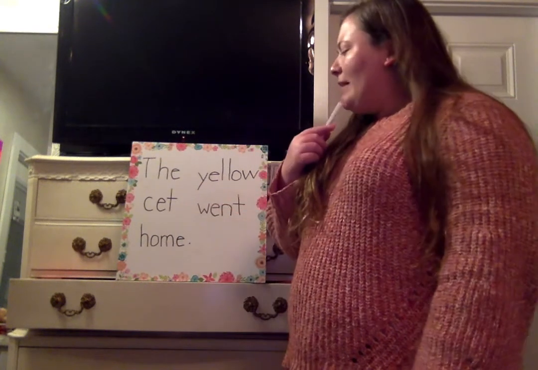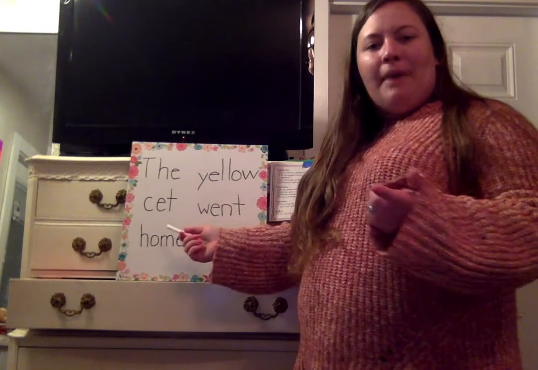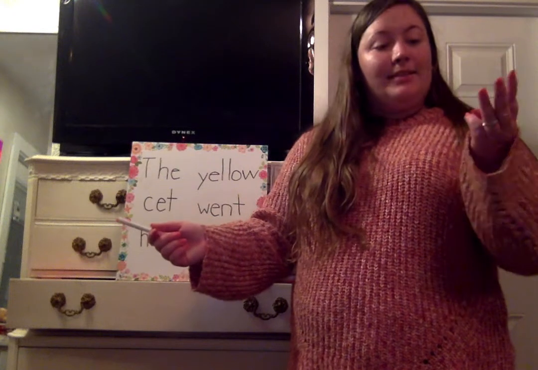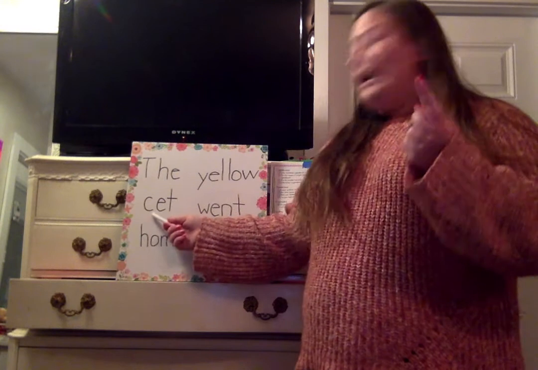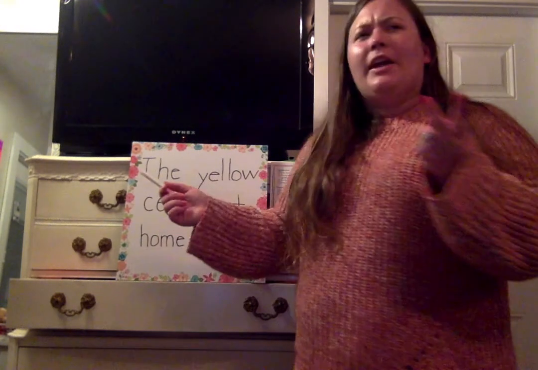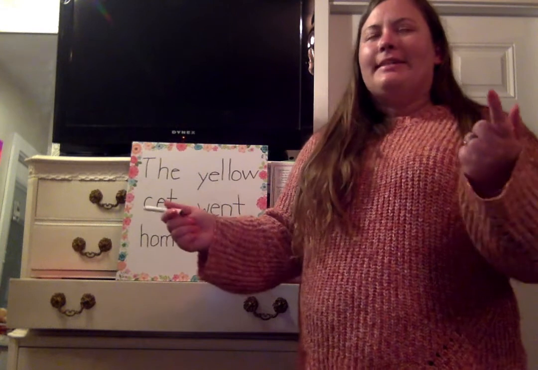How about cat? I think I spelled it correctly, but I need to sound it out. Cat. K-at. K. I have that C. But I have an E here. The E makes the eh sound. But in cat, I hear the ah sound.